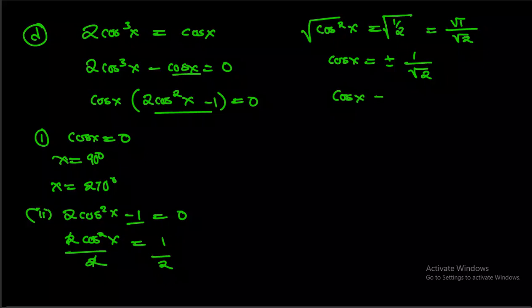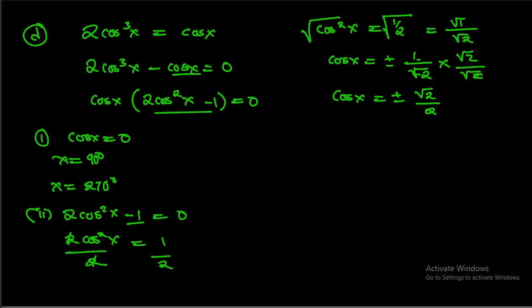When you rationalize the denominator, you're going to have positive or minus root of 2 over 2. You know how to rationalize the denominator, guys. You can multiply by root of 2 everywhere. Root of 2 times root of 2 is just 2, and 1 times this, you get this.